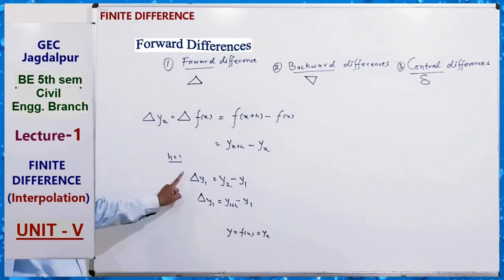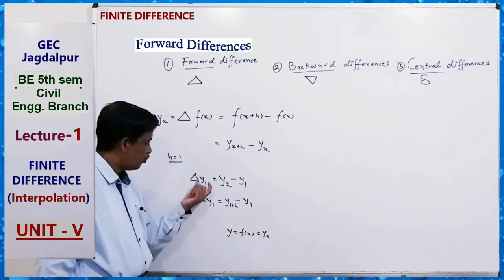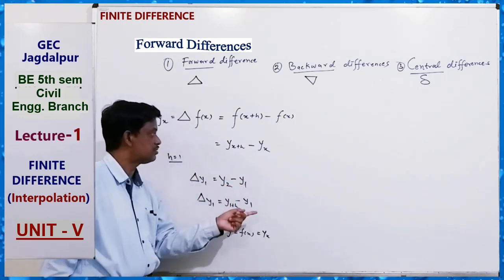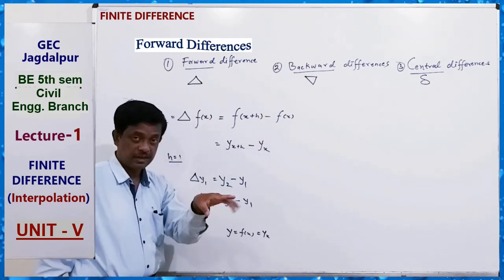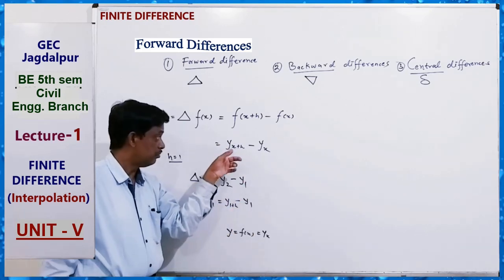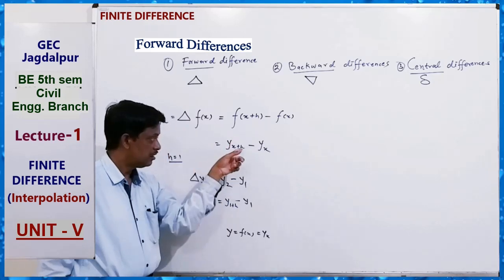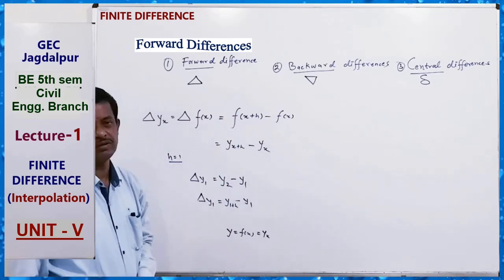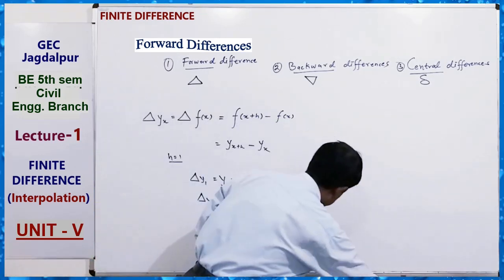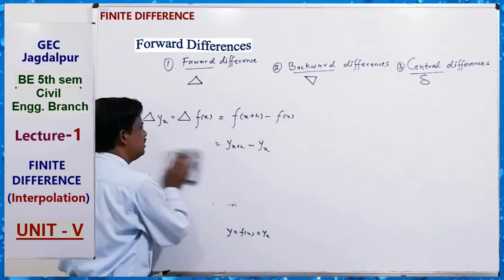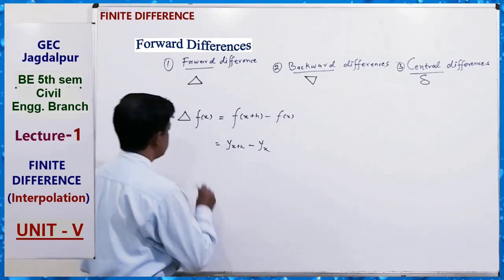So the first forward difference says: y(x) or f(x) is subtracted from the value of the function where the argument is one interval of difference greater. This is the definition of first order forward difference. Remember it. Similarly, we can find second order and third order differences.